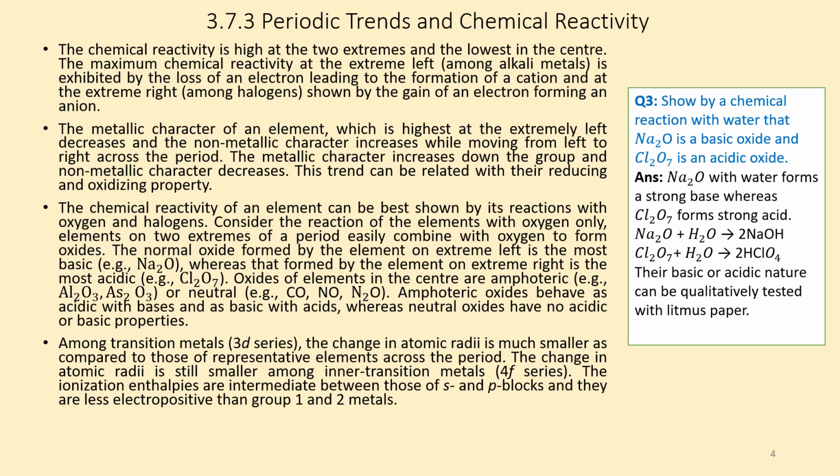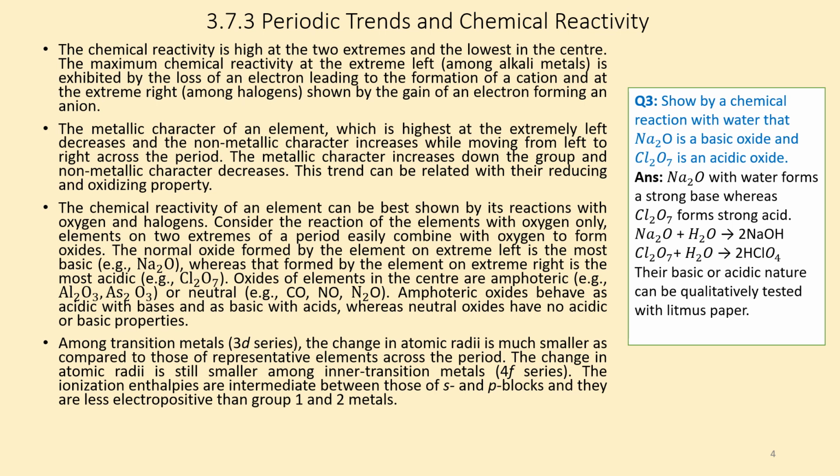Thus, in a group, the increase in the atomic and ionic radii with increase in atomic number generally results in a gradual decrease in ionization enthalpies and a regular decrease, with exception of some third period elements, in electron gain enthalpy in the case of main group elements.